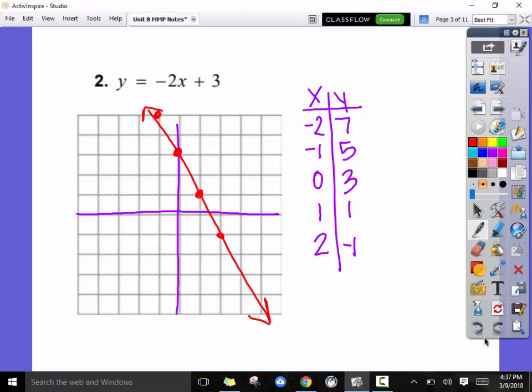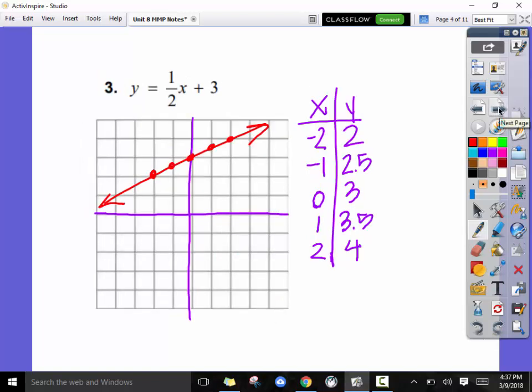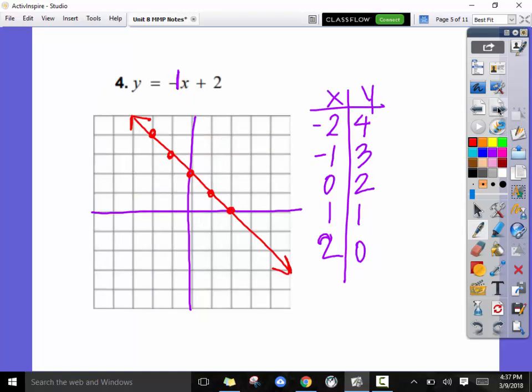Notice you've got a negative slope. Number 3, multiplied by 1/2, or you took half of the input x and then added 3. It's a positive slope. And number 4, make sure you noticed this was -x, which is really multiplying by -1 and then adding 2.